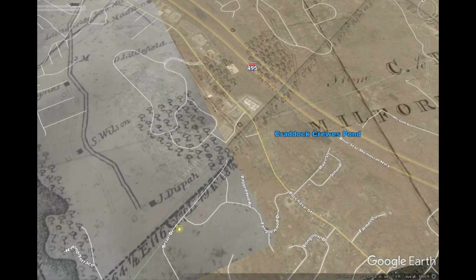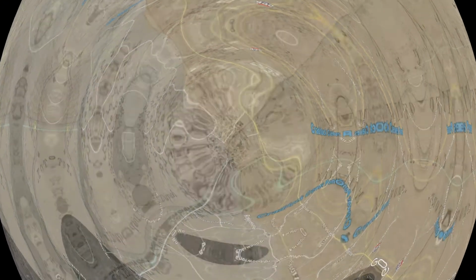But this property here is a treasure trove of historical information. And the reason being is that at one point in time, it was owned by a man in the Ball family, a son of Josiah Ball, who was one of the original settlers of Milford and one of the original purchasers of land in this area here.